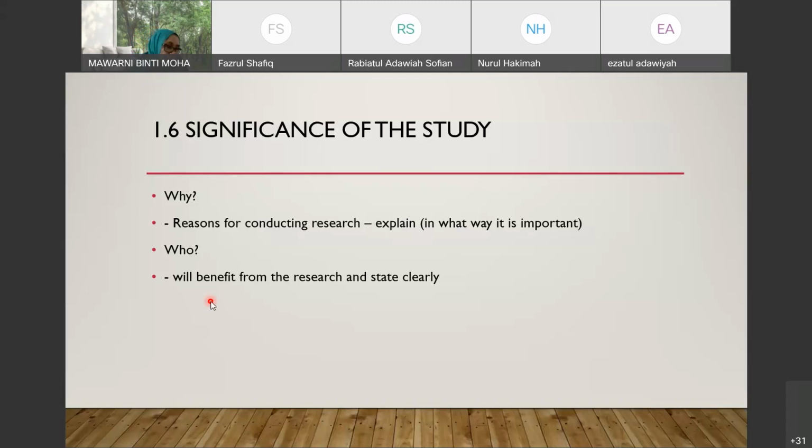So make sure that you describe clearly how the study can be used in practice, what individuals or groups can benefit from this new knowledge, and how the study will contribute to the improvement of the profession or the field of study that you are in.